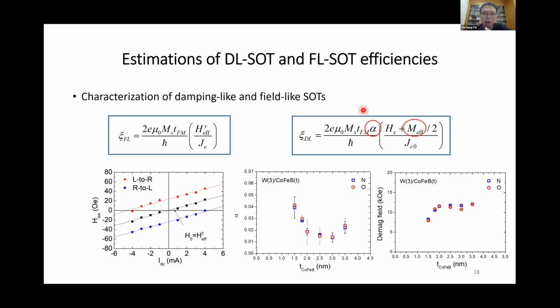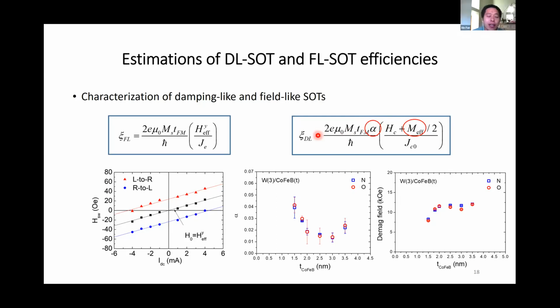This is a huge range because it depends on the thickness of the ferromagnetic layer and whether the anisotropy is in plane or out of plane, but typically it's 10 to 20 oersted per milliamp. And again, this is for a device or channel width of 5 micrometers, because this is our standard Hall bar pattern. If you use a different width, then you'll get a different number. So you can probably calculate the current density number by yourself.